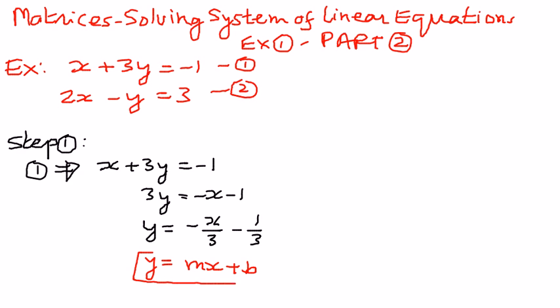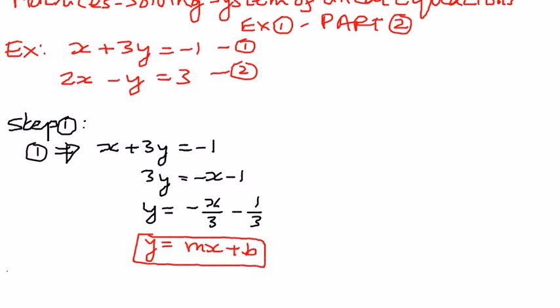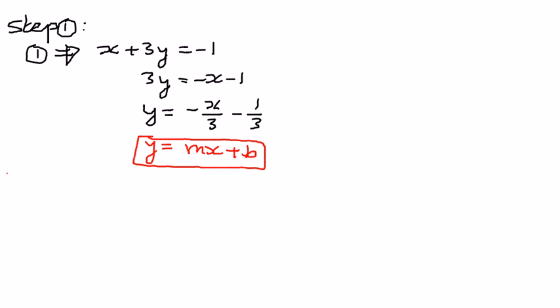That is the standard form of a straight line. Once we have it in this form, we want to recognize the slope and the y-intercept of the equation. The slope is represented by m. M in this case is -1 over 3. And the y-intercept, which is represented as b, is equal to -1 over 3.